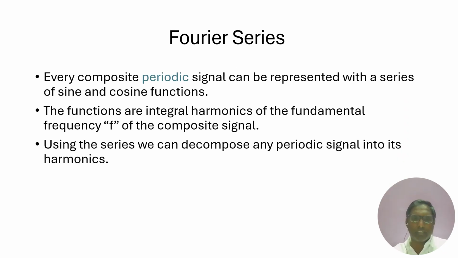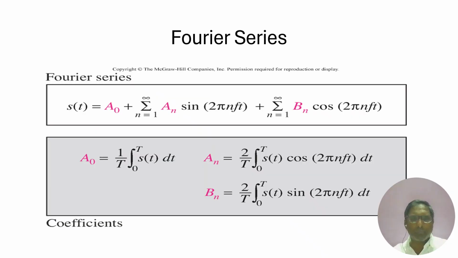Next, Fourier series. Every composite periodic signal can be represented with a series of sine and cosine functions. The functions are integral harmonics of the fundamental frequency f of the composite signal. Using the series, we can decompose any periodic signal into harmonics.